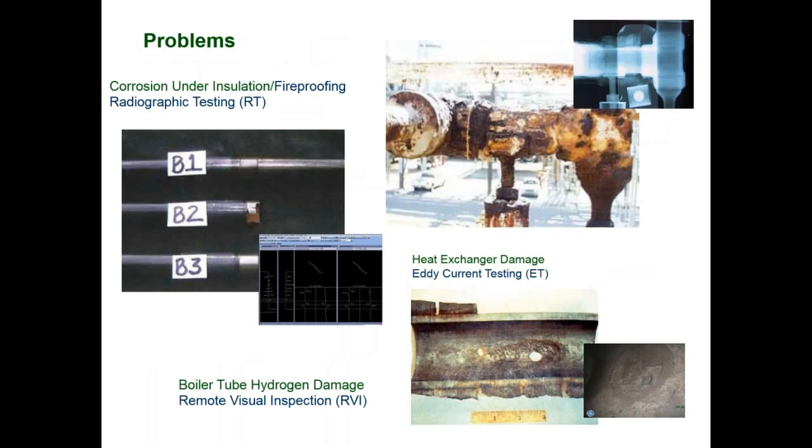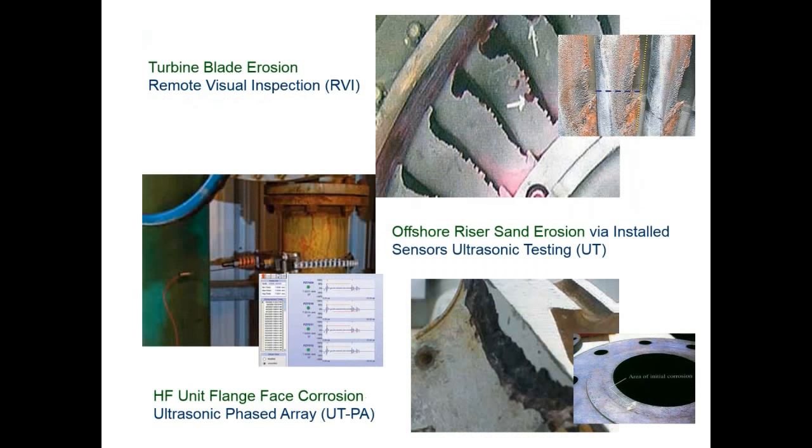Now, maybe what I can do is relate to you problem vis-a-vis the testing method that can be used to evaluate. For example, CUI. One of the best ways is to do thermal mapping or radiographic testing. Heat exchanger damage can be evaluated by eddy current testing. Boiler tube hydrogen damage, in which it's very hard to access without a borescope or a visual inspection, will allow you to observe that problem.